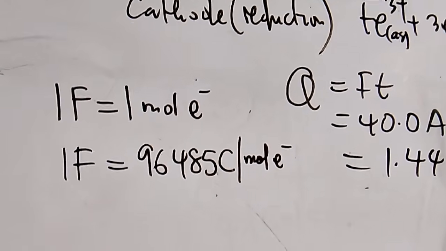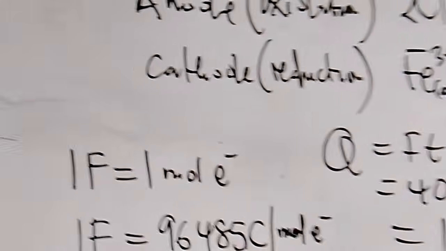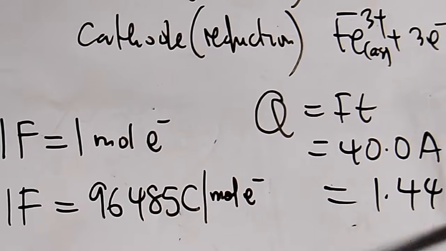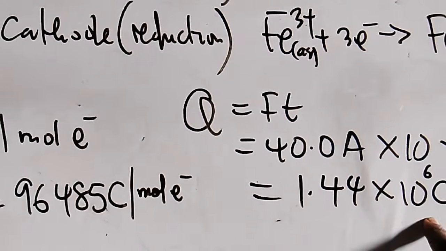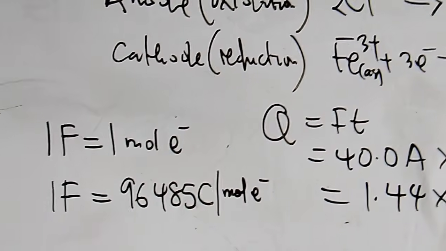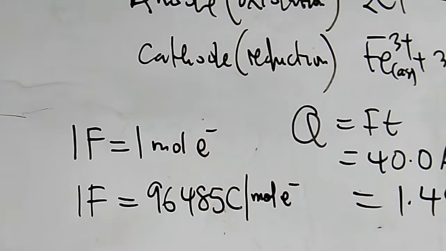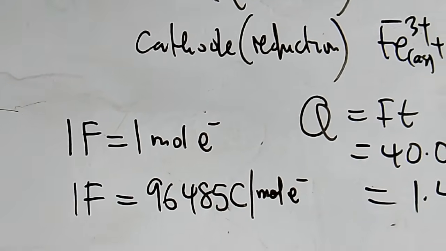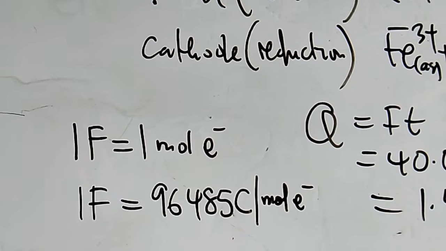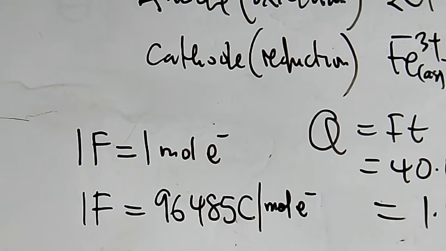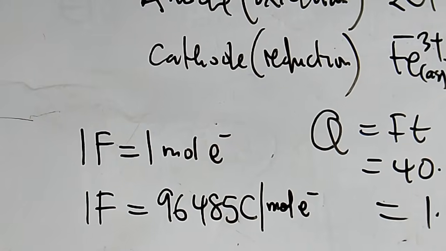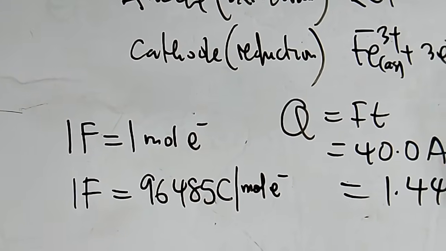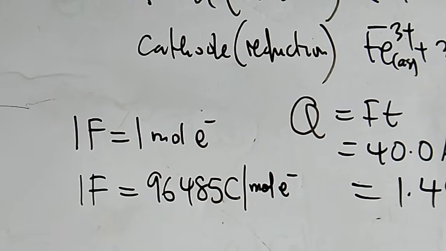So we have now this, the coulombs that we have calculated here. We want now to convert to moles of electrons. Before we do that, we can straight away convert coulombs to Faraday.